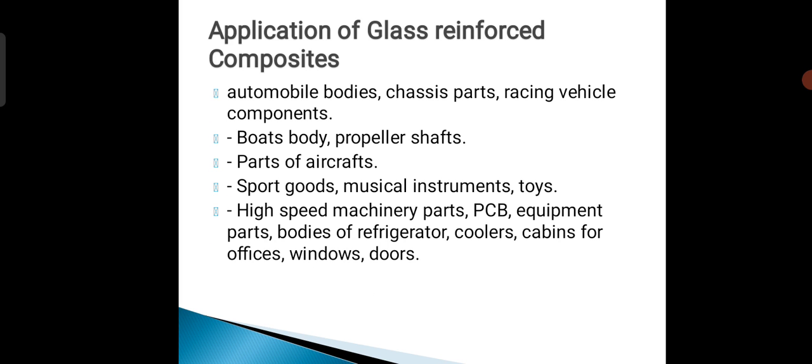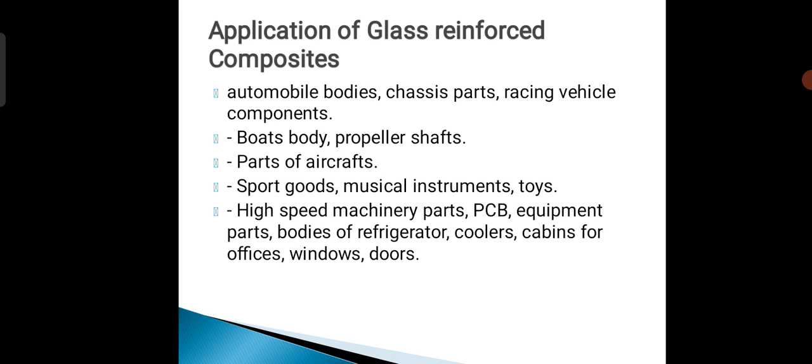The next point is the applications of glass reinforced composites. Used for automobile bodies, chassis parts, racing vehicle components. Next, used for boat bodies, propeller shafts, parts of aircraft, sport goods, musical instruments, toys.